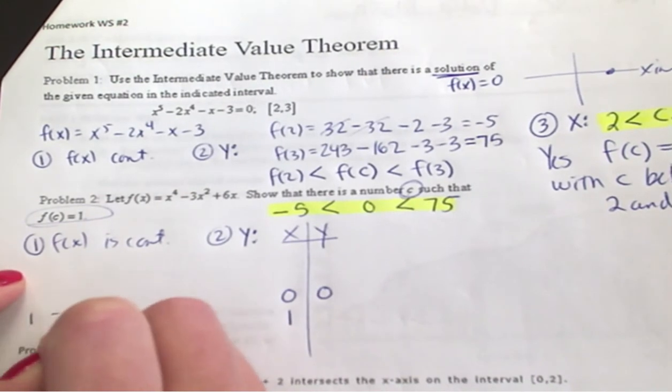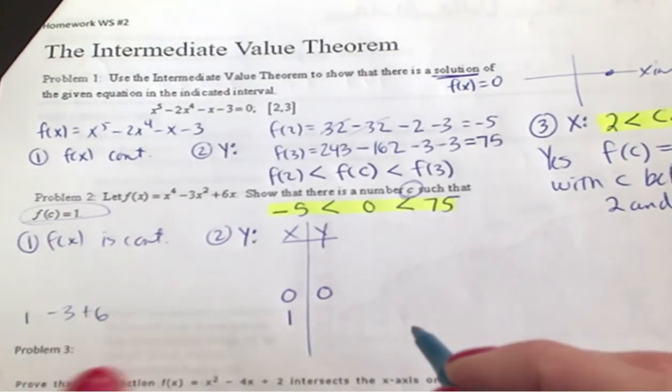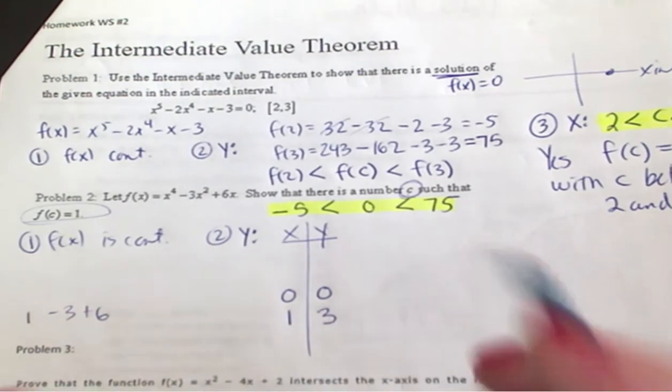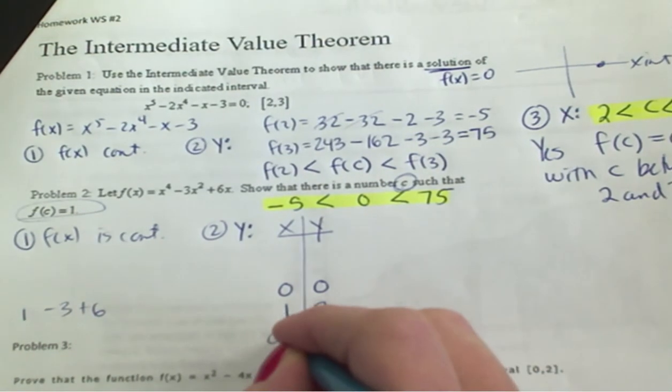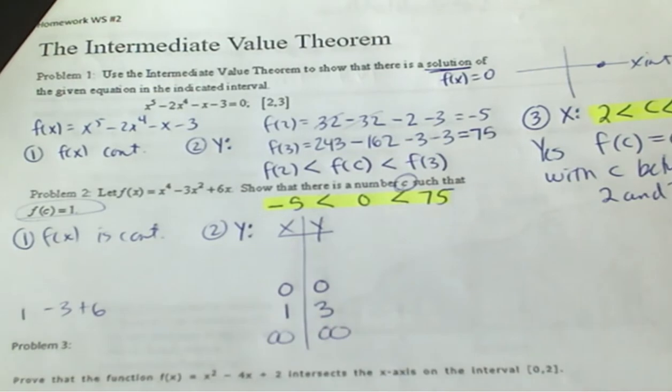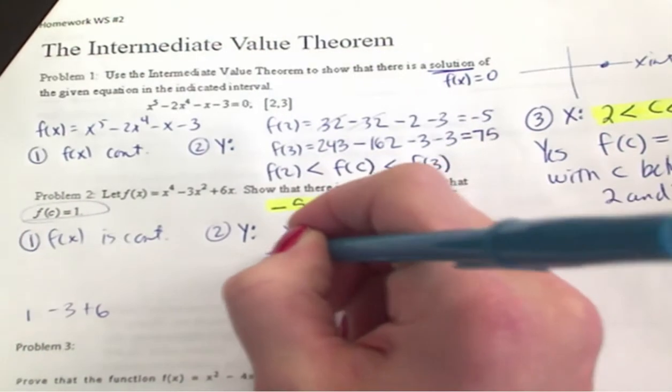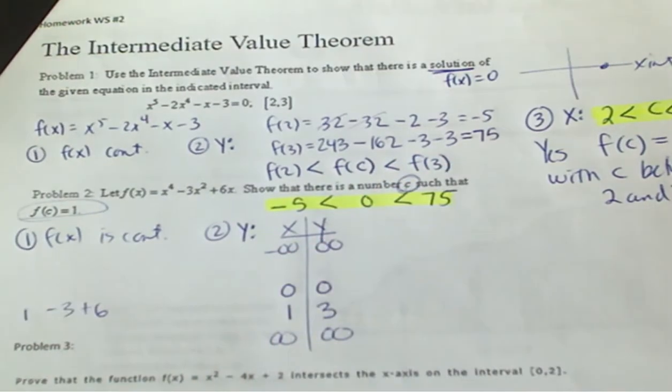1 minus 3 plus 6. 7, 3. I happen to find them pretty quickly. If I were to say positive infinity, this would be positive infinity because of the end behavior. If I said negative infinity, that would be positive infinity because of the end behavior.